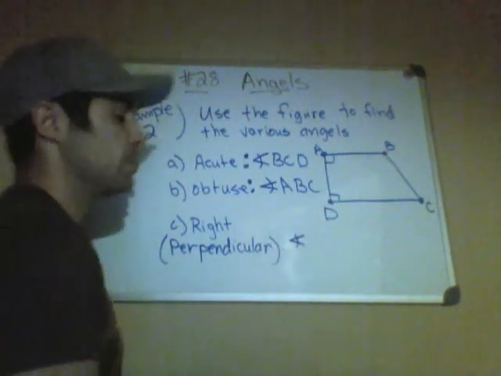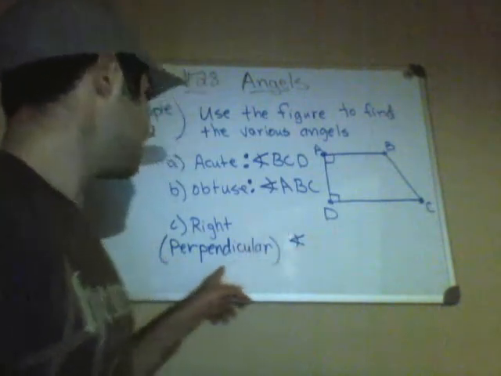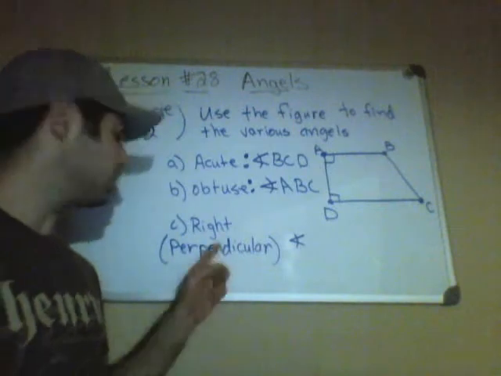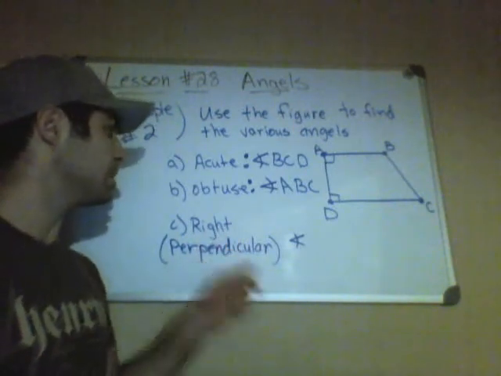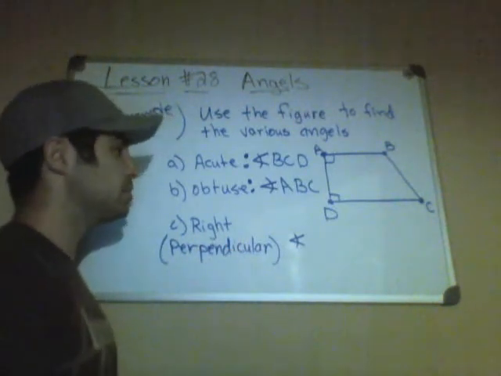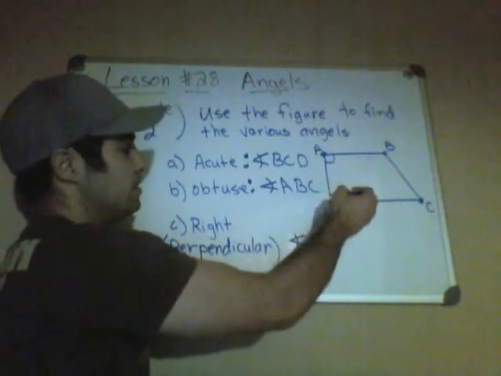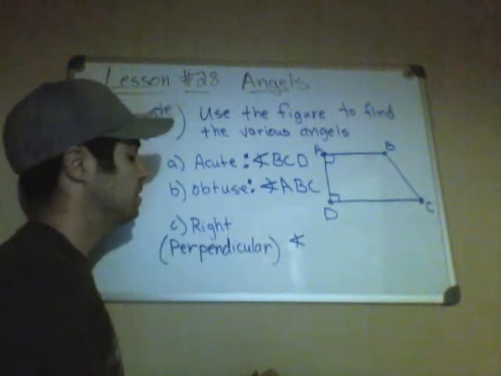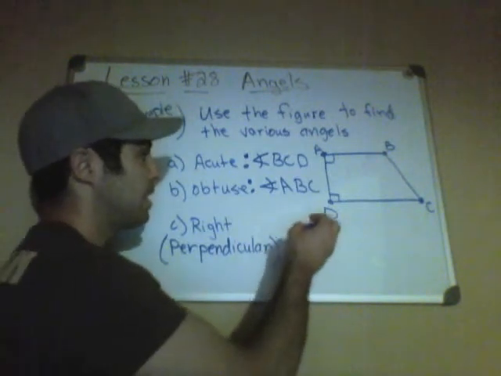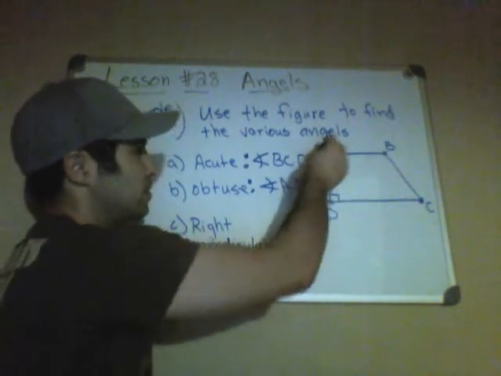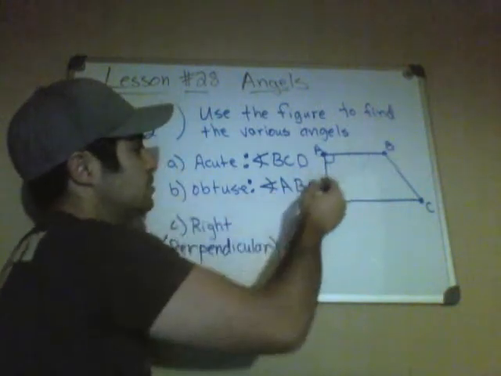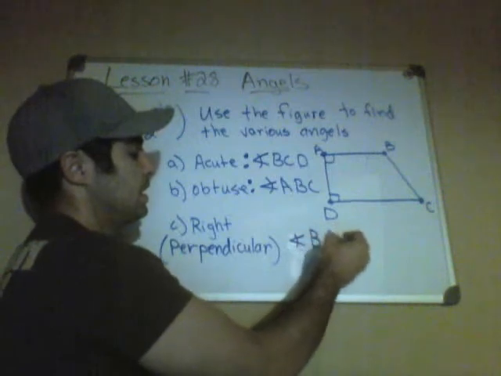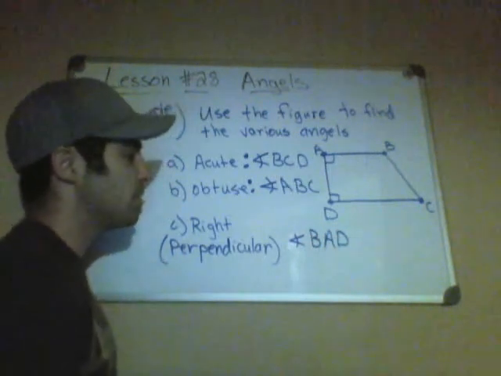There's actually two of them. Remember, perpendicular and right angles are the same thing. Whenever you have that situation, you're going to see a little box in the corner. That shows that those are perpendicular or right angles. Alright, so let's go ahead. And this would be angle BAD. Angle BAD. Bad to the bone.